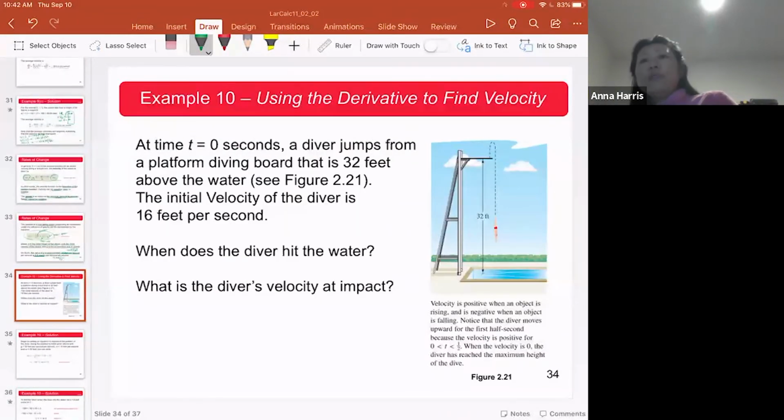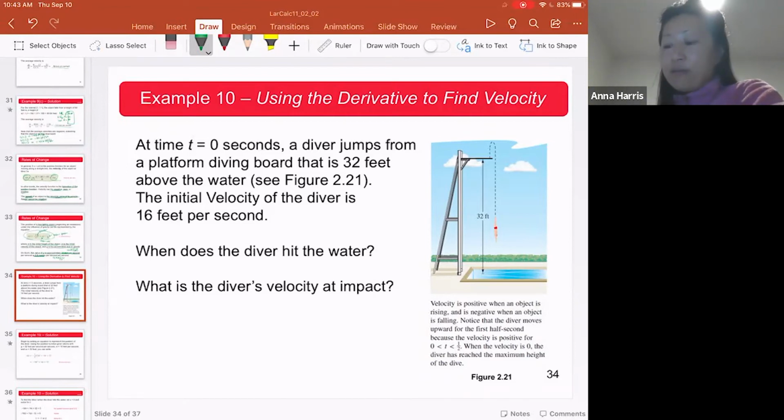So here's an example of that. At time t equal to 0 seconds, a diver jumps from a platform diving board that is 32 feet above the water. So look at the figure. The initial velocity of the diver is 16 feet per second. When does the diver hit the water? What is the diver's velocity at impact?